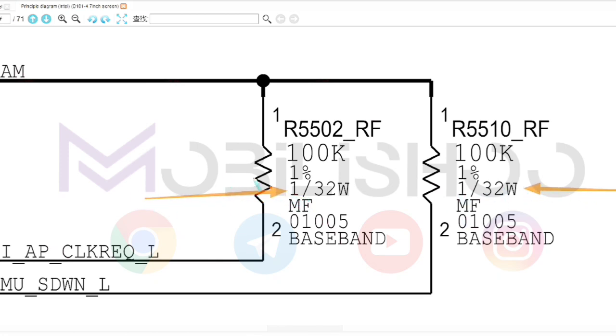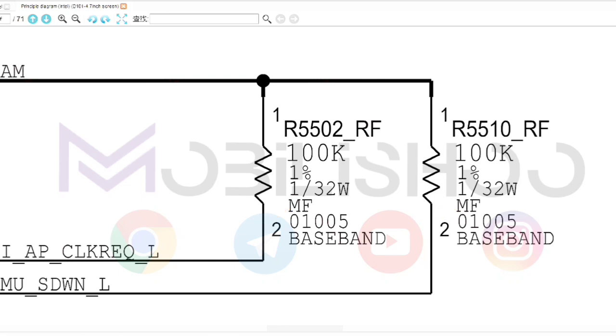And also the electrical power of our resistor is 1/32 of a watt, which is the electrical power that this resistor has, and generally the power of resistors in the diagram is the same. Another important part of the diagram is the term MF, which stands for metal film resistors.